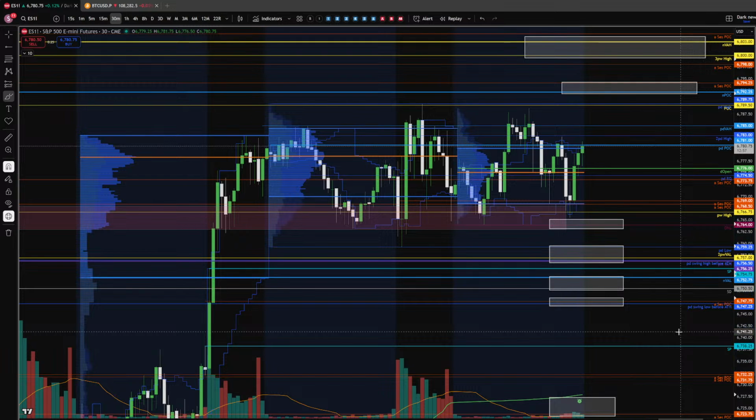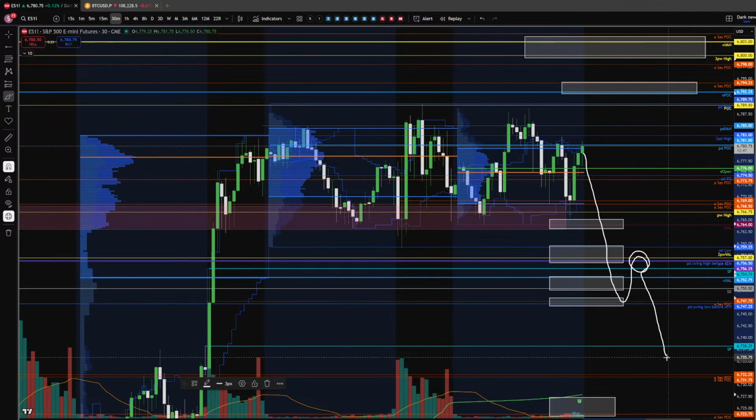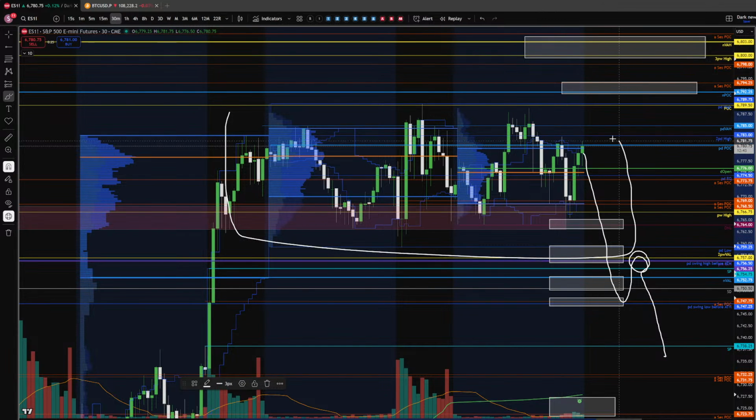Okay, hope this is clear, because then at this point in time, let's say we do this, and then we come up to retest this region and to move down. At this point in time, we would have all this section, all this volume here trapped at the highs.